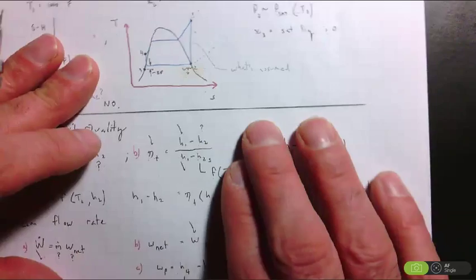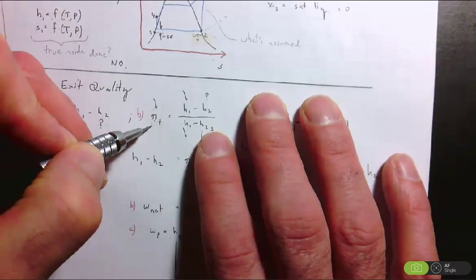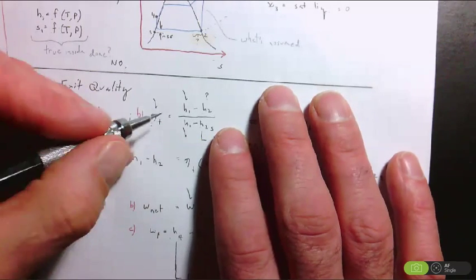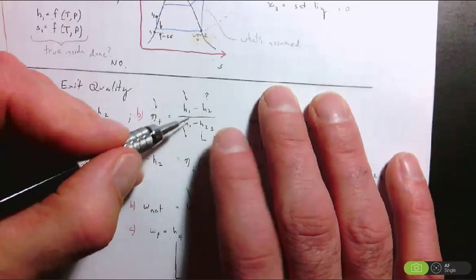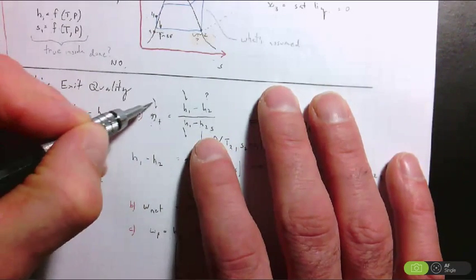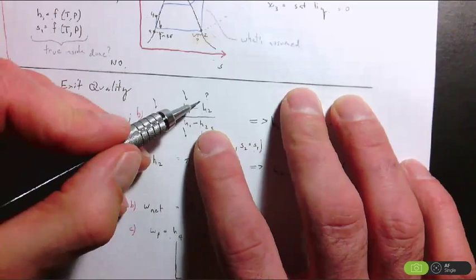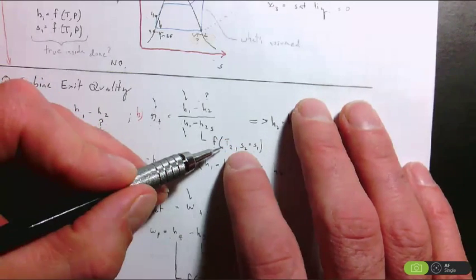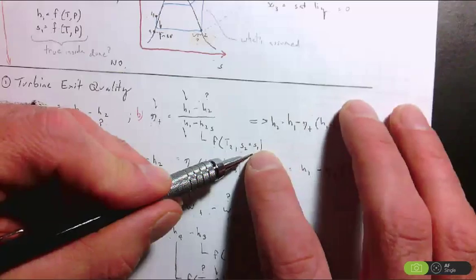The next logical equation is to use the performance efficiency of the turbine, the isentropic efficiency of the turbine, as H1 minus H2 divided by H1 minus H2S. Remember, this value must always be less than or equal to 1. H2 and H2S are not known. However, H2S can be calculated from T2 with S2 equal to S1.